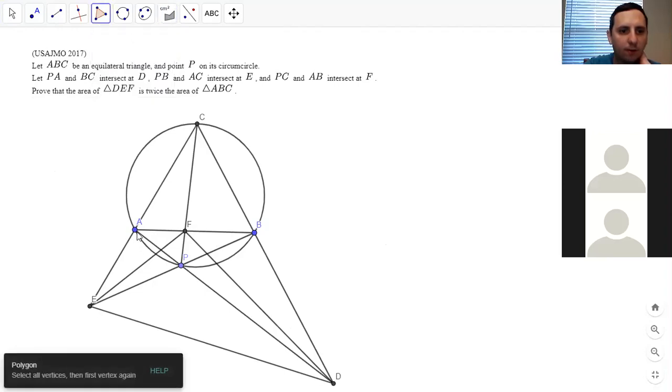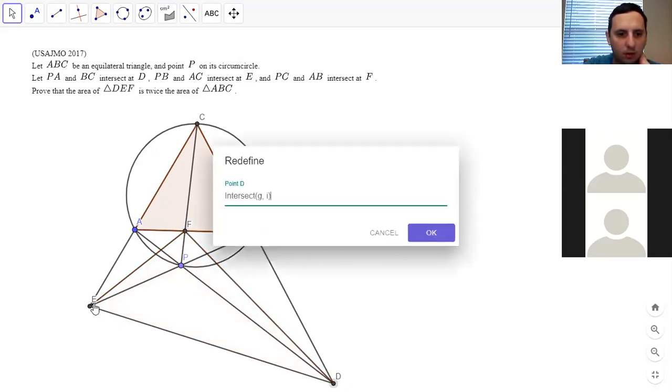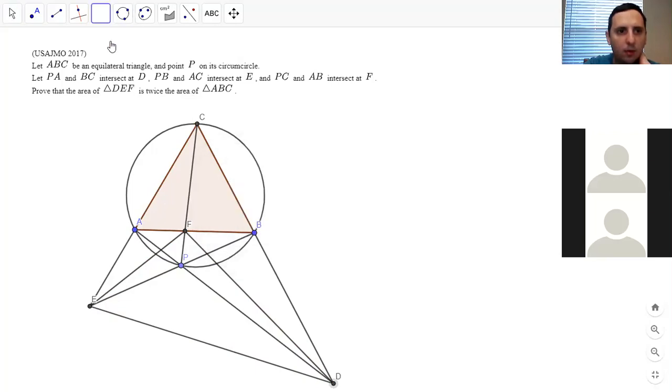So I could draw those two figures and then just check it's true in GeoGebra. There we go.